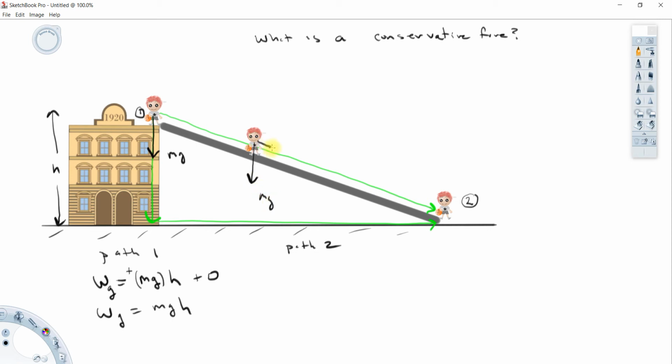Timmy's moving in this direction. So when we're calculating the work done by gravity, we want to take the component of gravity, that's parallel to his motion, times whatever that length is here, and I'll just call this L right here. Because when you calculate work, you take the force in the direction of motion times the distance.